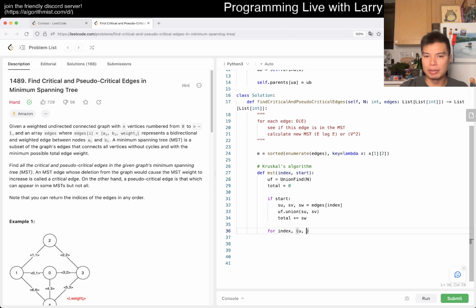So then here for index, u, v, w in edges, right? If this index is terrible, but current index maybe that's slightly better. I don't know. Naming things is hard, right? If index is equal to current index, then we continue, we skip this no matter what. Otherwise, if uf.find of u is not equal to uf.find of v, we union them.